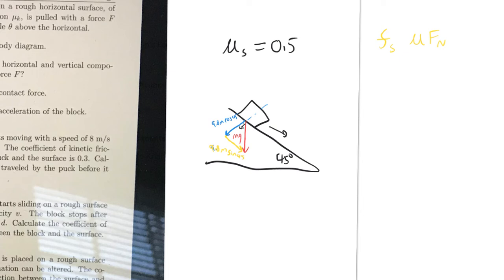This has to be less than or equal to that, and therefore it's less than or equal to 0.5 times the normal force. But we have the normal force. I'll even keep it color coded. It's this blue force that's 9.8 m cosine 45.